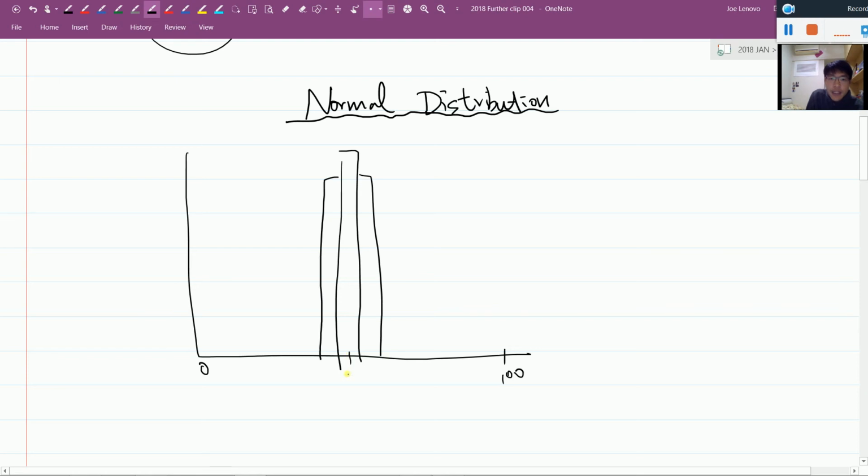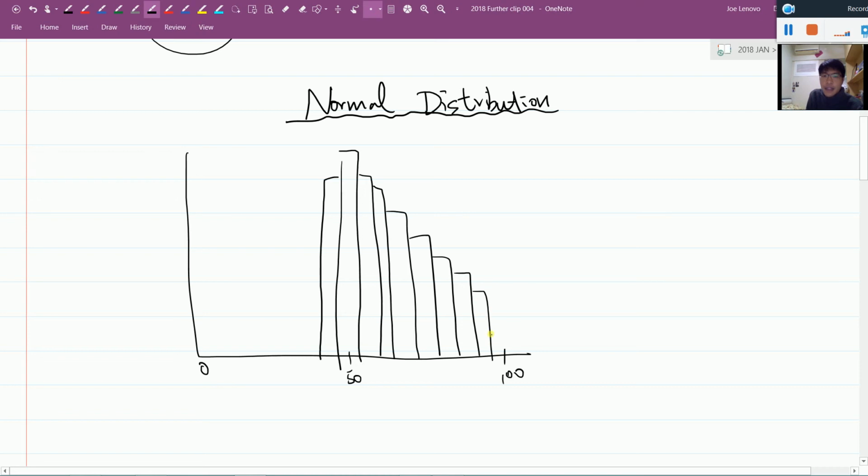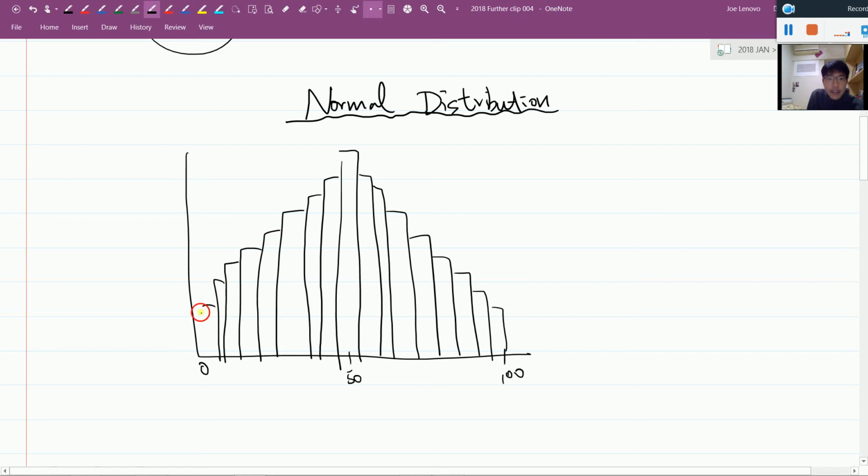So at a score of 50, you have quite a lot of people, and gradually you have fewer and fewer people getting higher marks, and you expect that not many would get 100 marks. Then you have roughly the same, like a mirror image, on the other side, gradually decreasing along the side like this. And these particular distributions, we call them normal distributions.